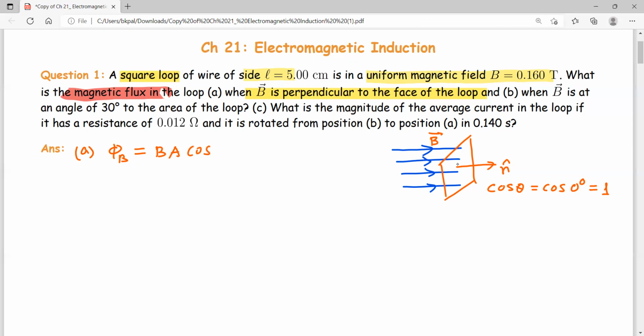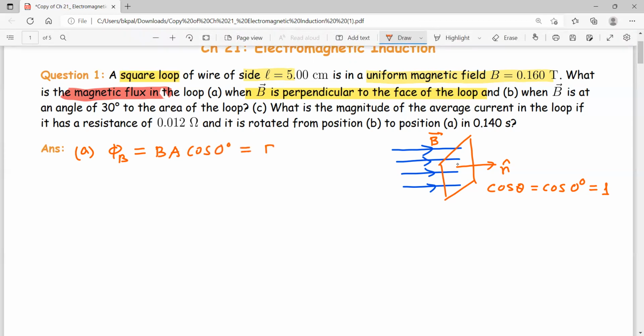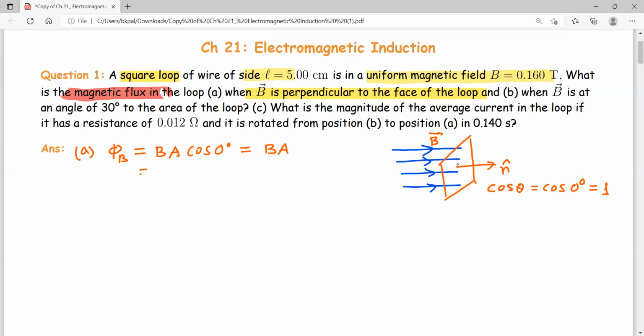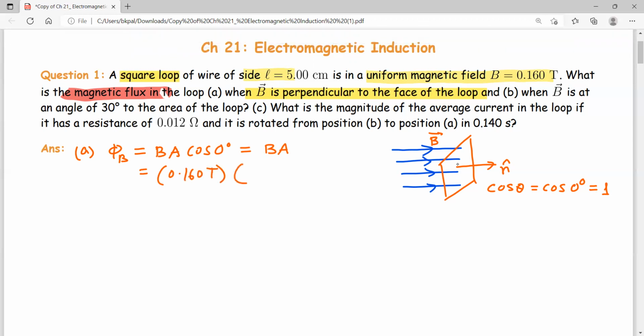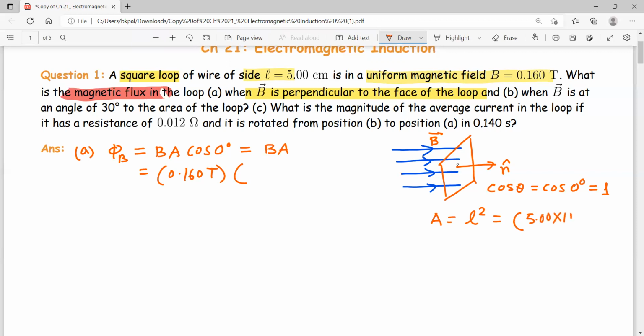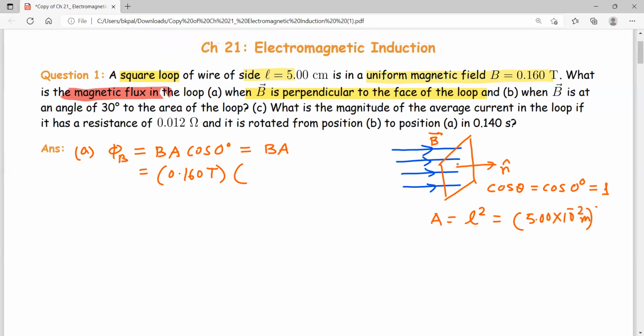Cosine 0 degree is 1, so it's basically B times A. B is 0.160 Tesla, and because it is a square loop, A is L squared. L is 5 centimeter, that is 5 times 10 to the power minus 2 meter, squared.